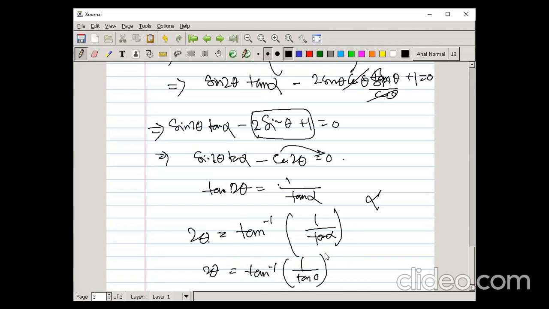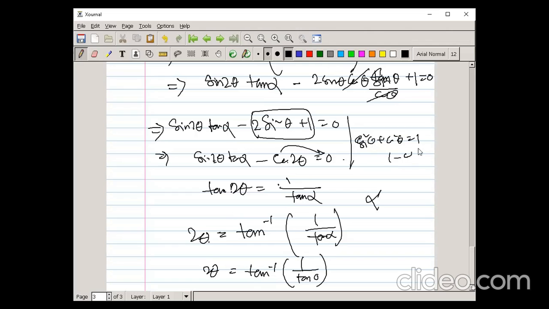And another important thing which you have to understand, okay, let me just solve one thing. Sin square theta plus cos square theta is equal to 1.